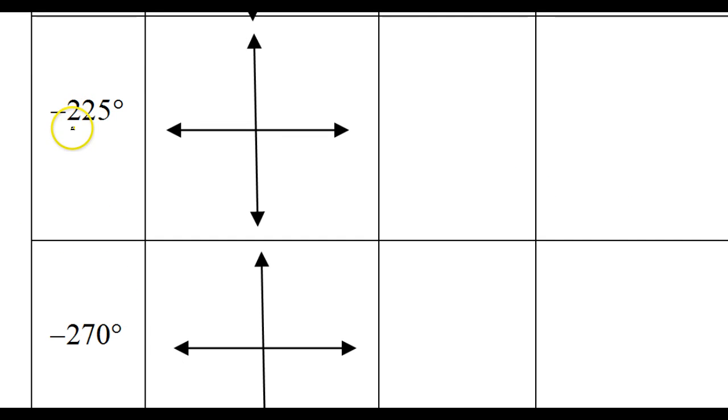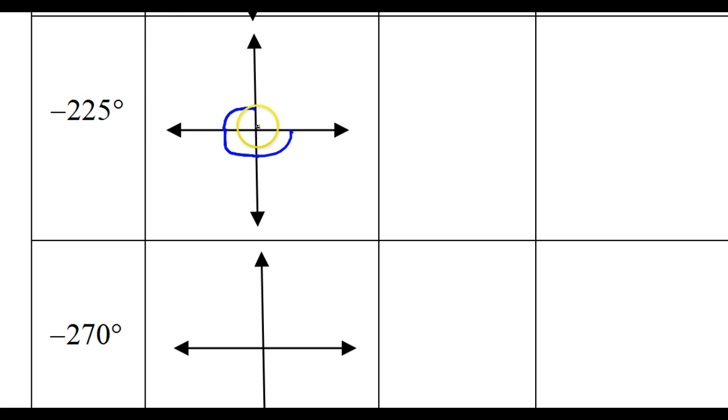All right, next we have negative 225 degrees. So negative means we're going to go clockwise. So again, keeping track of our quadrantal angles, if I go this far, so far that's 90 degrees. If I go this far, now I've gone 180 degrees. If I were to go to here, then I've traveled negative 270 degrees.